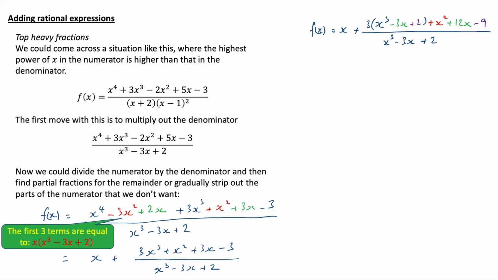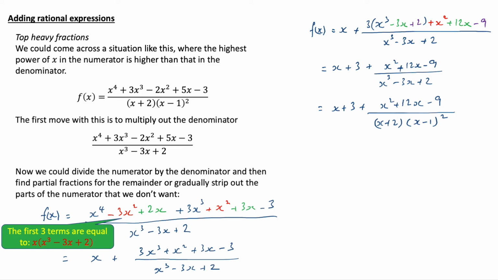So now the top of that fraction equals the top of the fraction on the previous line, and we can now break that up. We've got our x, which we had before. We now have 3 times the denominator, which becomes 3 when divided by the denominator. And what's left over is x squared plus 12x minus 9 over x cubed minus 3x plus 2.